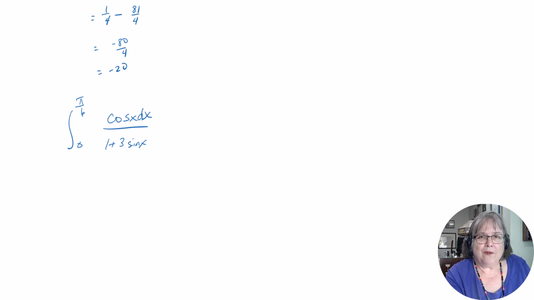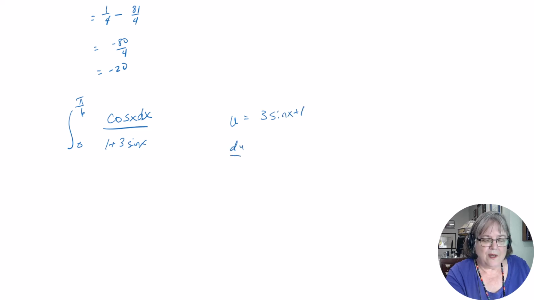But when you're trying to figure out which one's u, because u could be cosine x, or u could be 1 plus 3 sine x, or maybe 3 sine x, then you normally pick the more complicated one. And 1 plus 3 sine x is more complicated than cosine x. And I'm going to flip it around a little bit and make it 3 sine x plus 1.